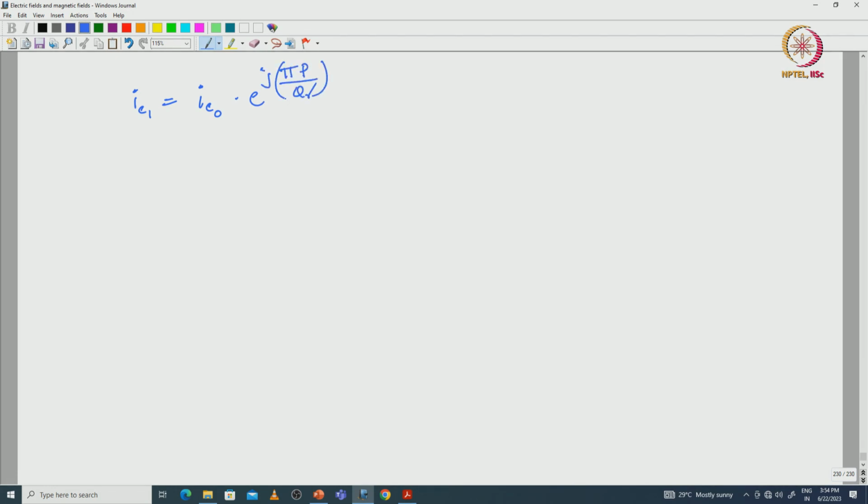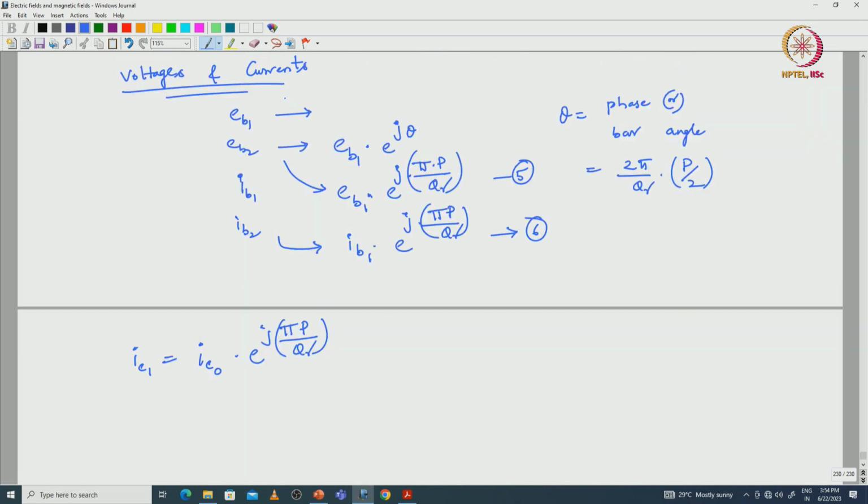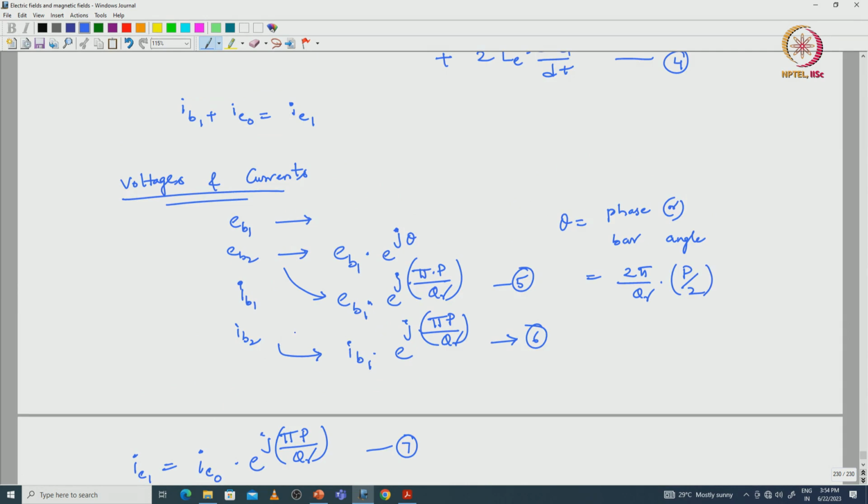This is the phase shift. In these three equations, I am representing the voltages and currents in phasor form, where the phase shift angle between one value and the other, like EB1 and EB2, is the angle theta. In phasor form, e power j theta is added to EB1 to get the EB2 value.